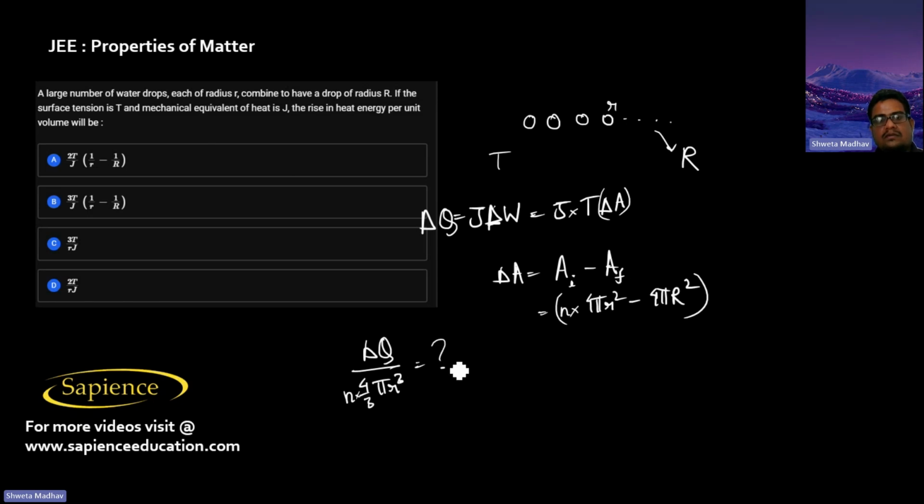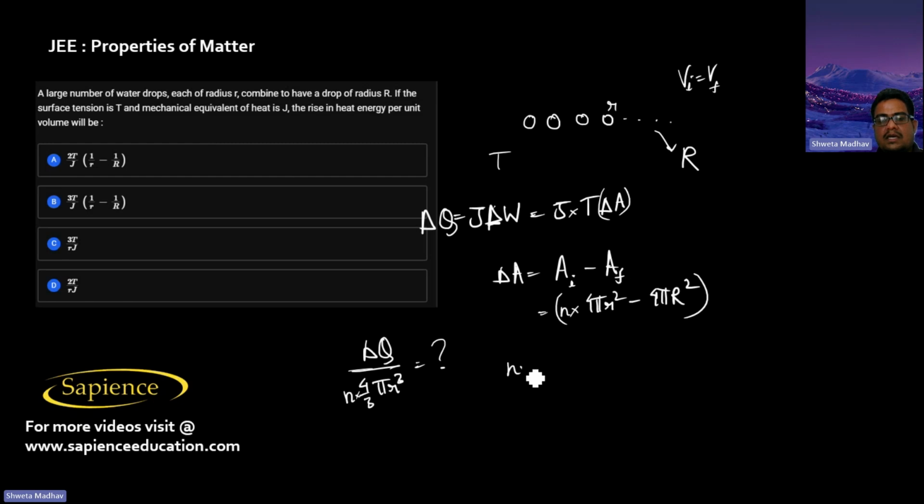So that we have to find out. Here the volume will obviously be the same. If we apply the law of conservation of mass and the density is the same, the initial volume and final volume will be the same.